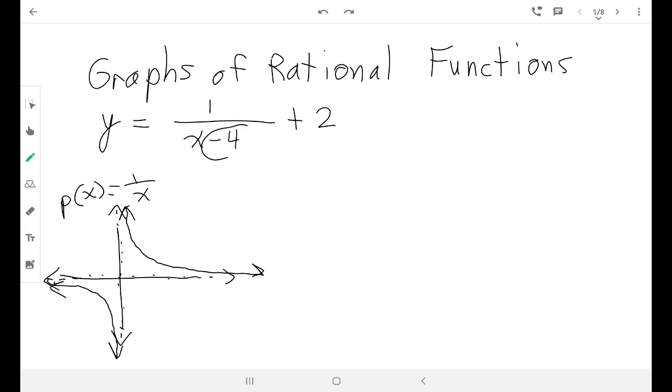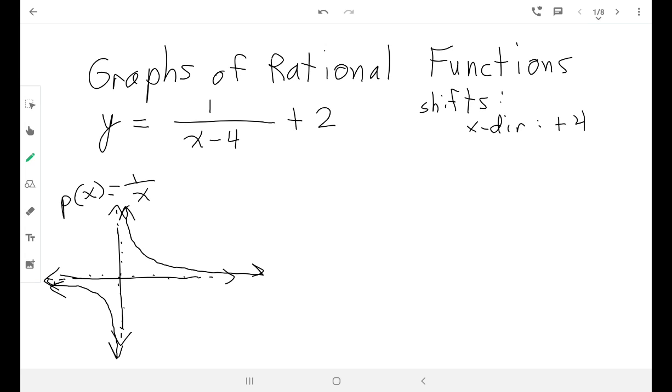Okay? So that's what the parent looks like. And then we want to note, most importantly, the shifting. So this x minus 4, the minus 4 is grouped in with the x because it's in the denominator with the x. So let's talk about the shifts. There's one in the x direction. Shifting in the x direction happens when it's grouped in with x, and happens the opposite of what you see.